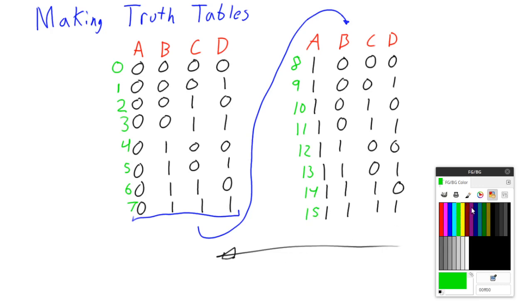So just quickly, you'll note that we have 4 inputs, and our number of rows equals 2 to the number of bits, right? So n is the number of bits.